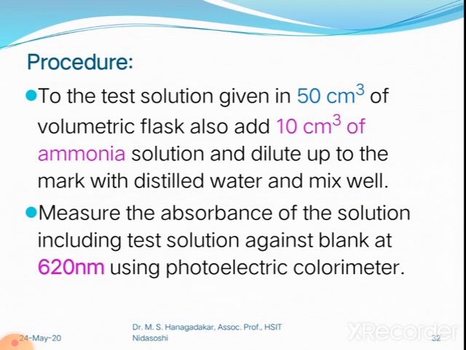Next, the test solution provided by the lab or by the teacher is transferred into a 50 ml volumetric flask, and 10 cm cube of ammonia solution is added as you did for the standard solutions, then diluted up to the mark with distilled water and mixed well. Then the last step is to measure the absorbance of all the solutions.